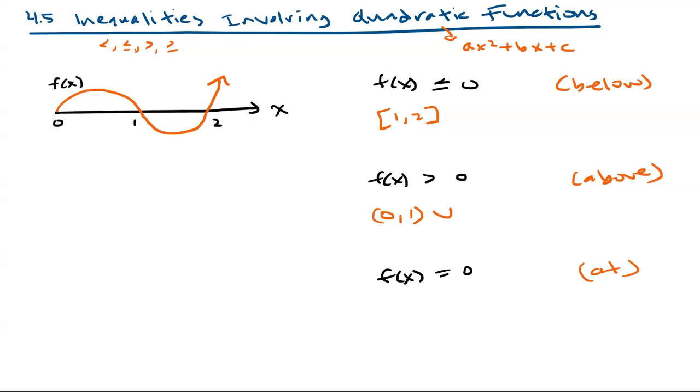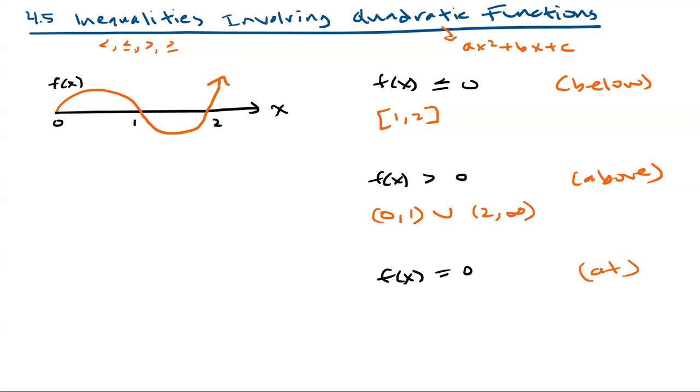Then from 2 on. We're going to put infinity there because it's an arrow going in the right direction, so it goes on forever. In this case, we won't include the endpoints because we don't have an equal sign. If we had an equal sign, then we would include the endpoints except for the infinity part.